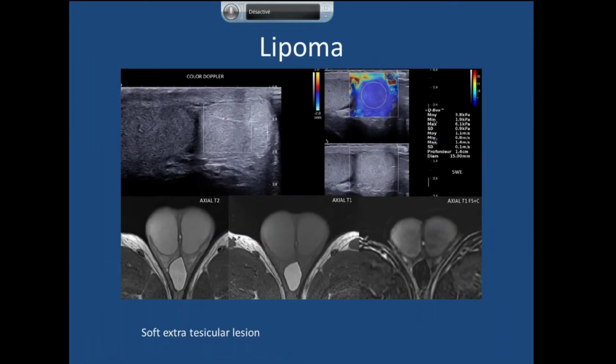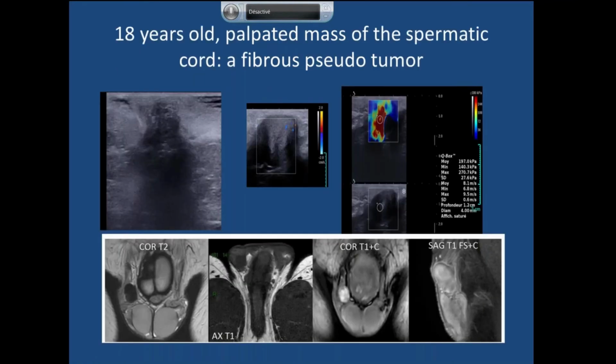Lipomas are soft, and we can see that very well with this extratesticular fatty lesion, well seen at MRI, but also on B mode, and the stiffness of the lesion was 3.8 kilopascal. And the last case, it is an 18-year-old man.